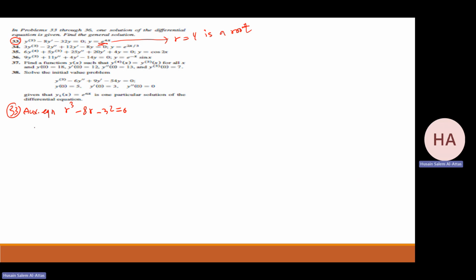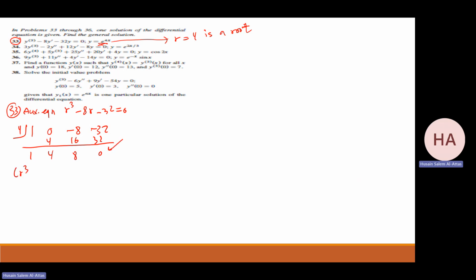That helped me reduce it into a quadratic, and this is what I want. I don't have a coefficient of r squared, so I'll make it 0. Minus 32. 1, 4, 4, 16, 8, 32, which will make it 0, which is what I want.